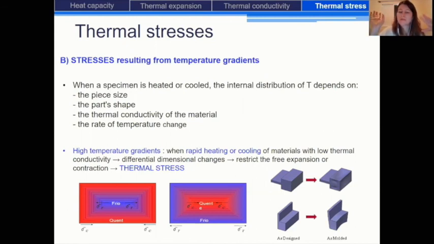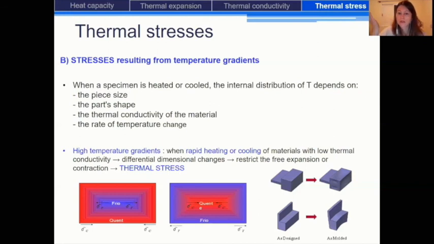And so this occurs, for example, when we have high temperature gradients when we apply a very quick heating or cooling to a material that has a low conductivity. So what will happen? We will have a quicker change of temperature on the surface of the material.